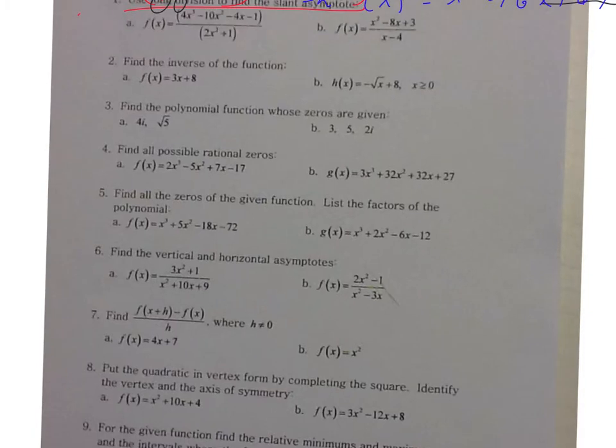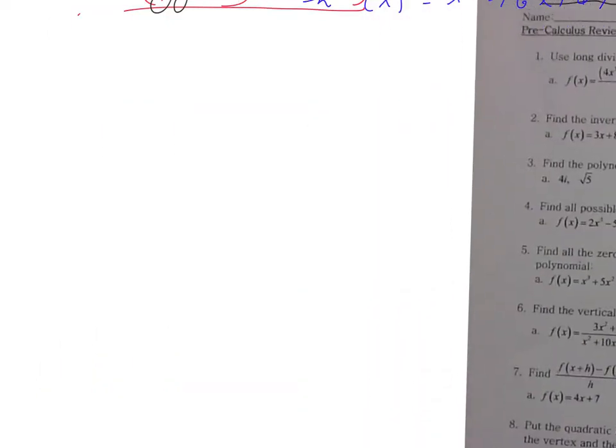Number 3 says, find the polynomial function whose zeros are given. So I have x is equal to plus or minus 4i, and x is equal to plus or minus the square root of 5. Let's start with the 4i.